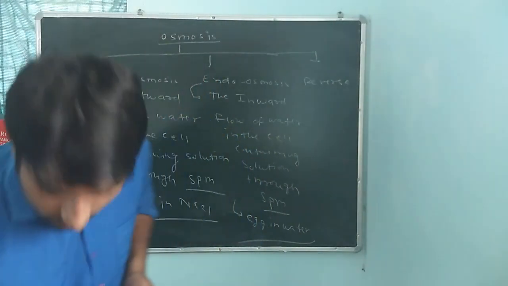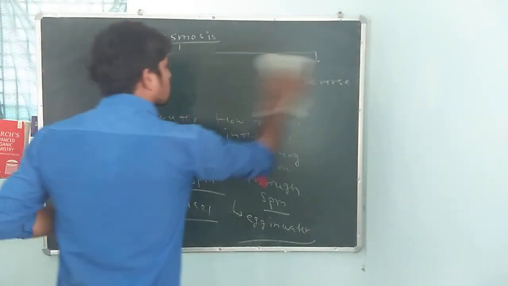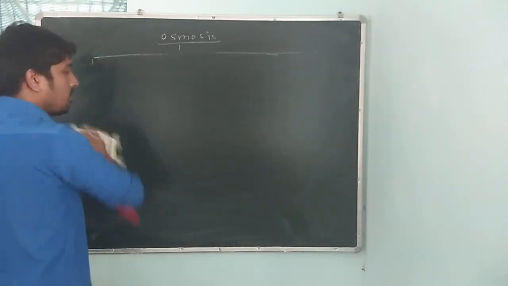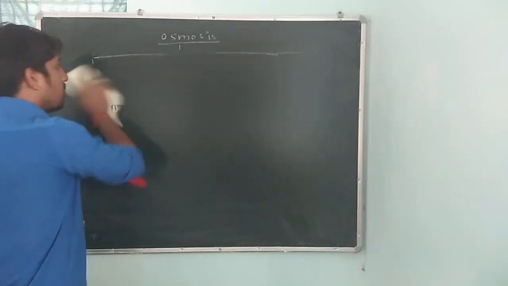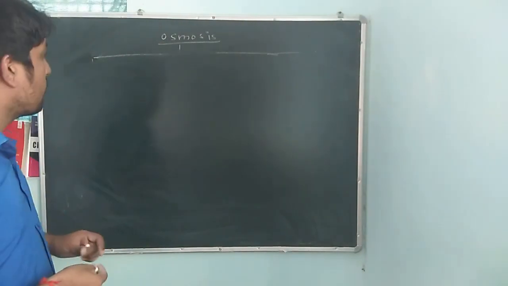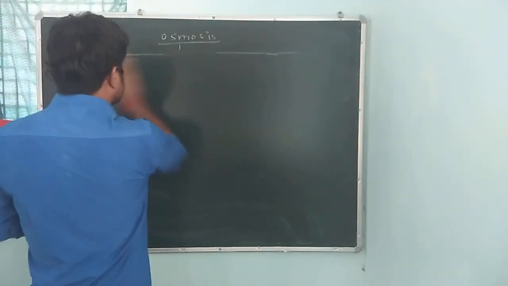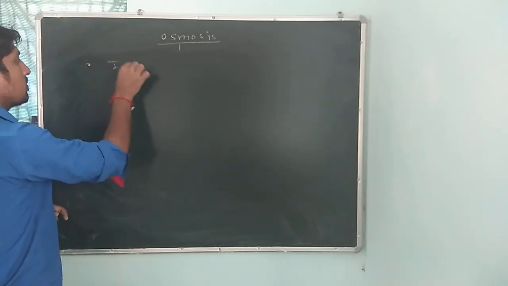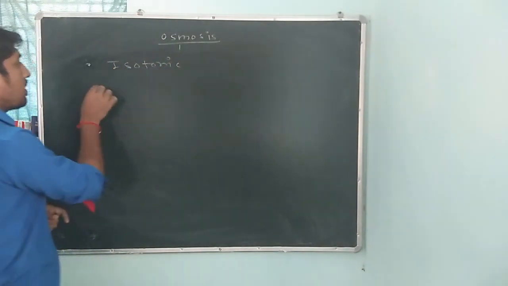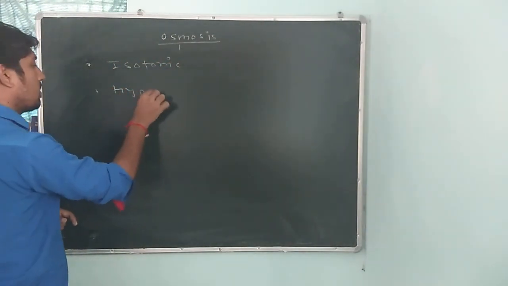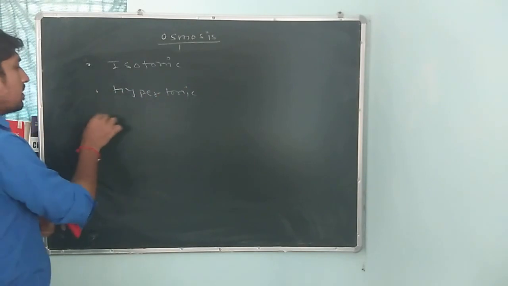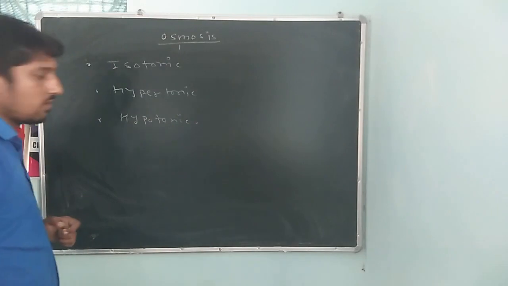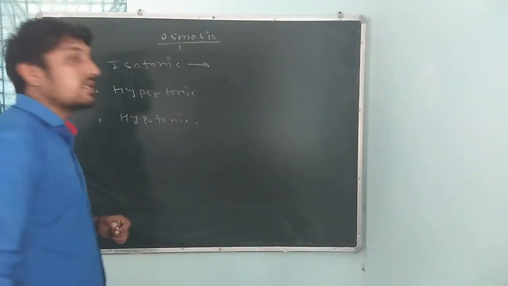Next, there are three more topics present in osmosis: isotonic, hypertonic, and hypotonic. So what is the meaning of isotonic?